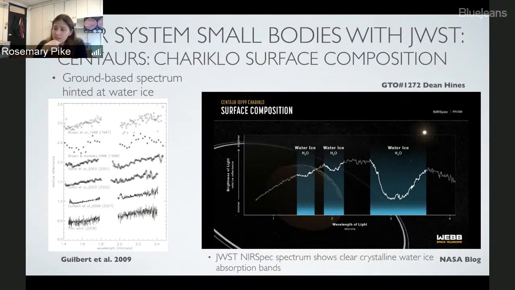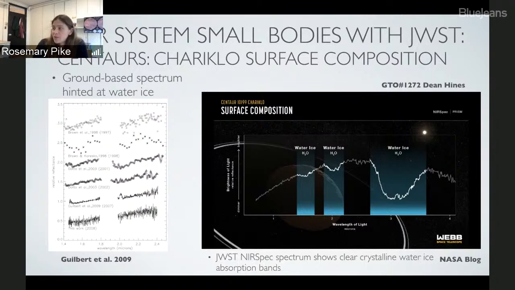So on the left, there's some of the best Chiriclo spectra from the literature, and you can see, particularly in 2003, maybe there's hints of water ice, and also in DeFraia 2014, we can see hints of crystalline water ice in the spectra. But really, it's a real challenge to identify features in TNO spectra from the ground.